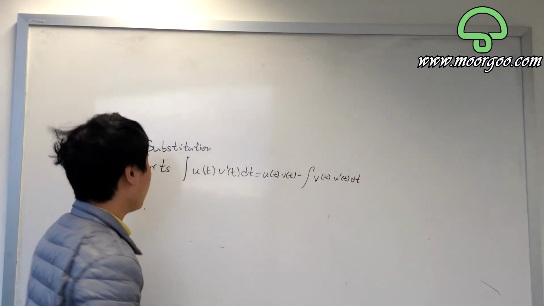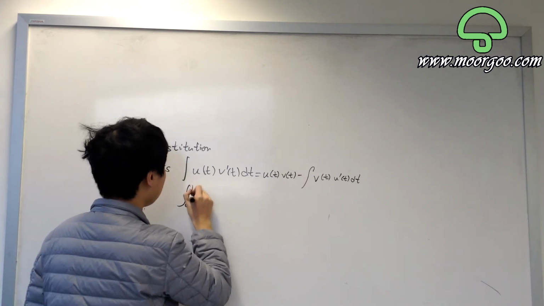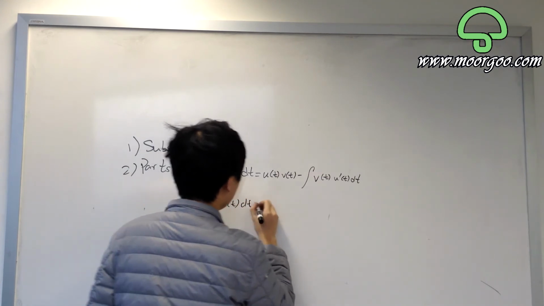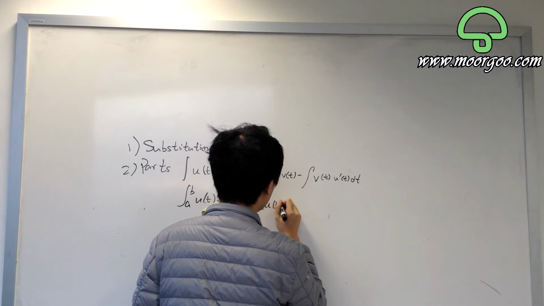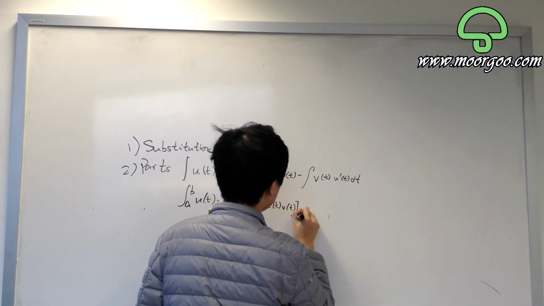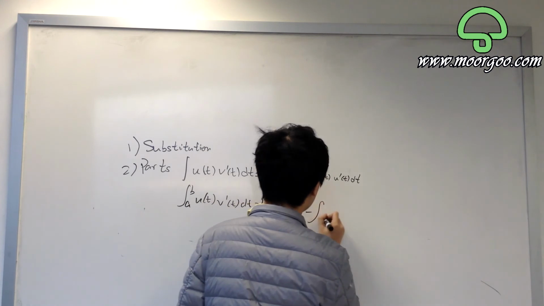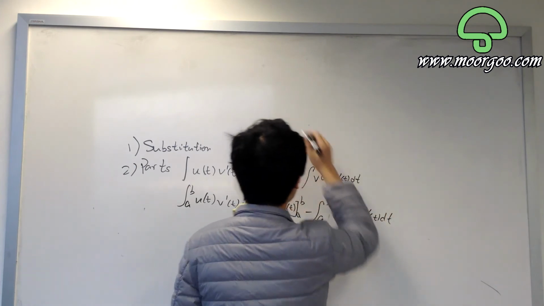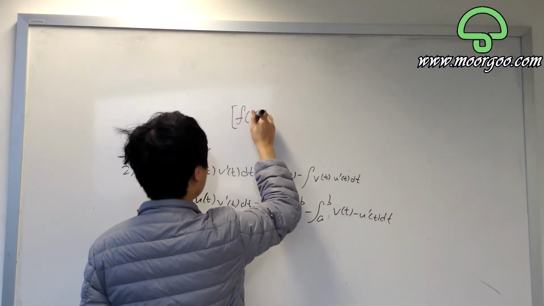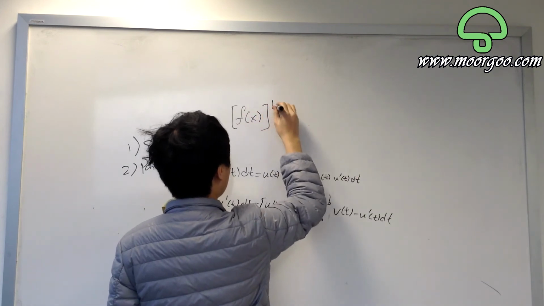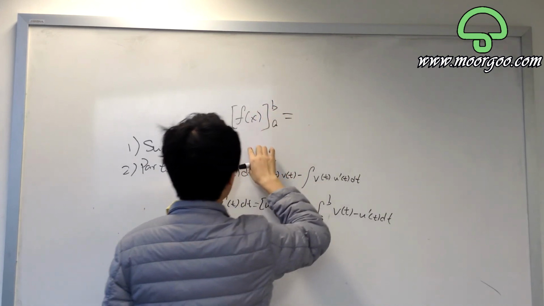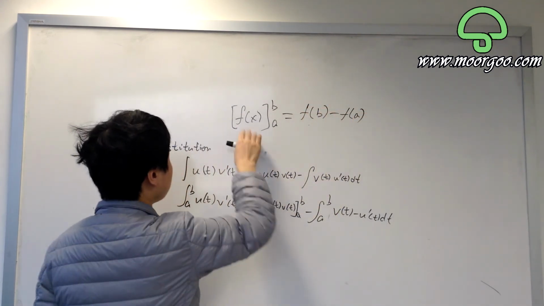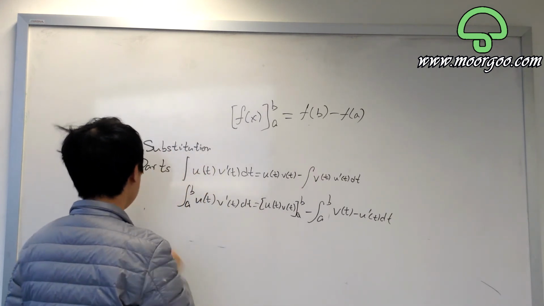Again, if you're using this with definite integrals, just add a lower limit to everything, basically. In any case, this means f of b minus f of a, no matter what is inside the brackets.